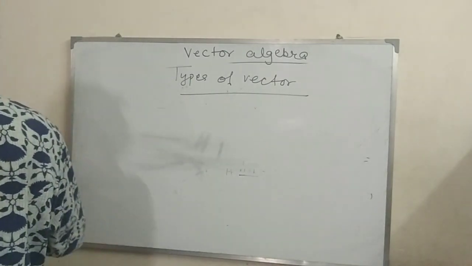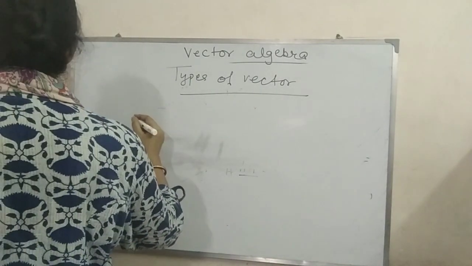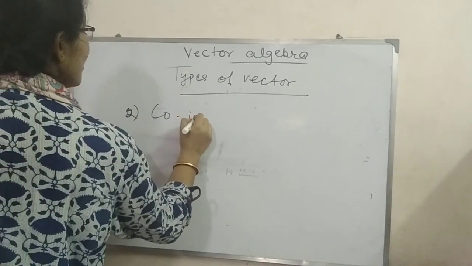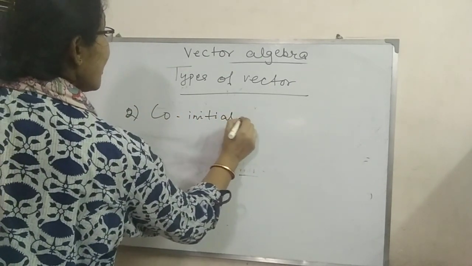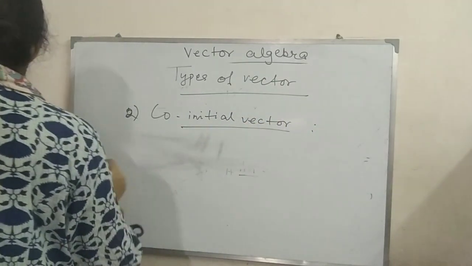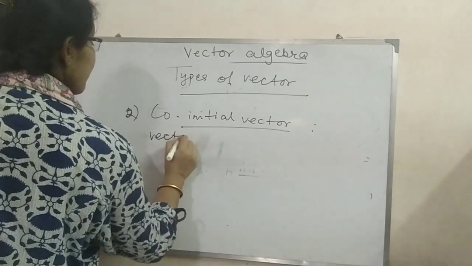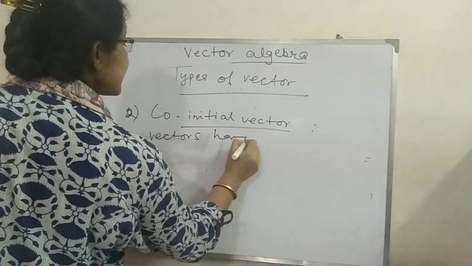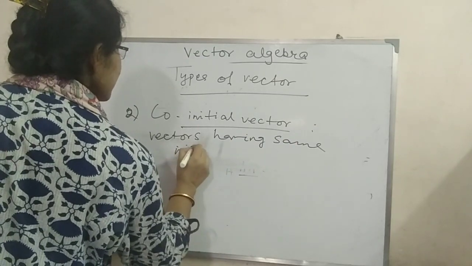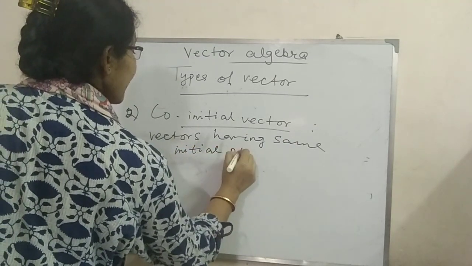Next I am coming to co-initial vectors. Co-initial vectors are vectors having the same initial point.